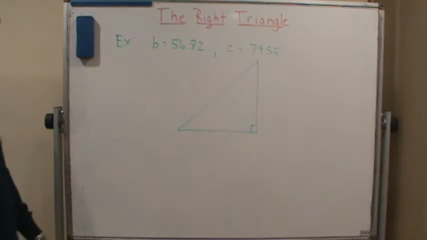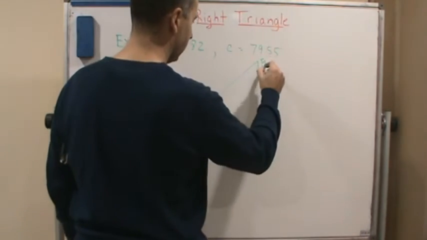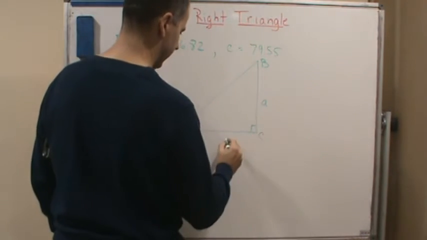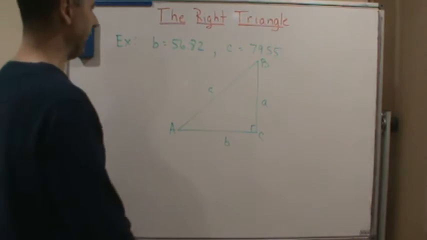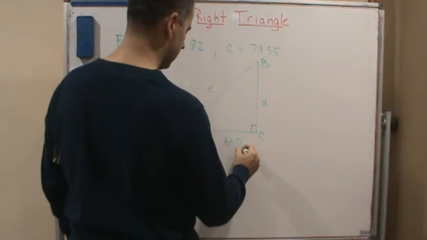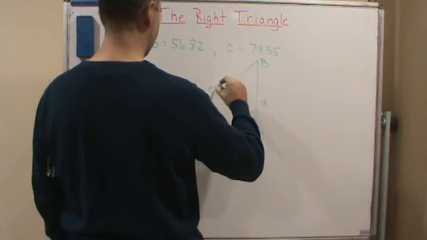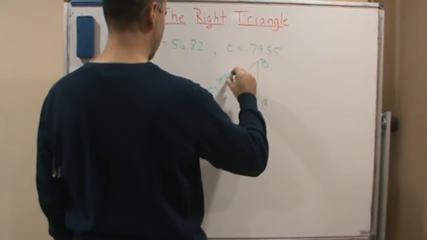Let's label A, B, C. B is equal to 56.82. C is equal to 79.55.